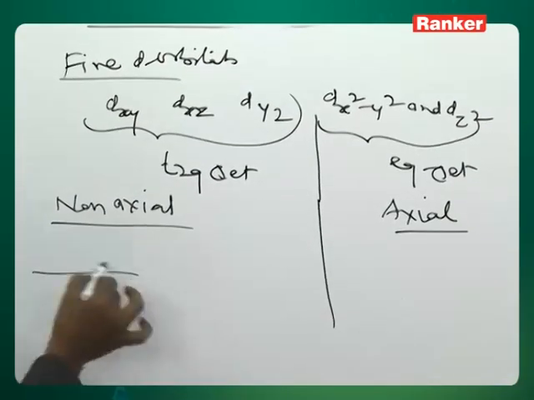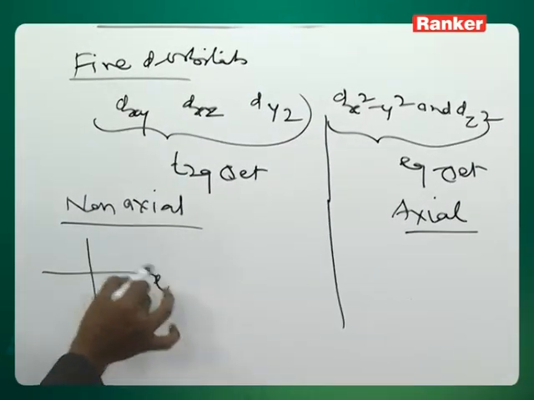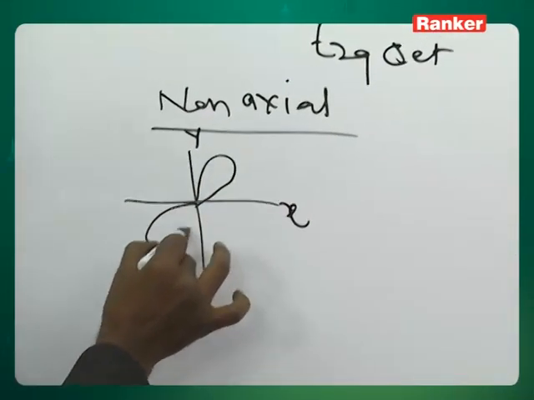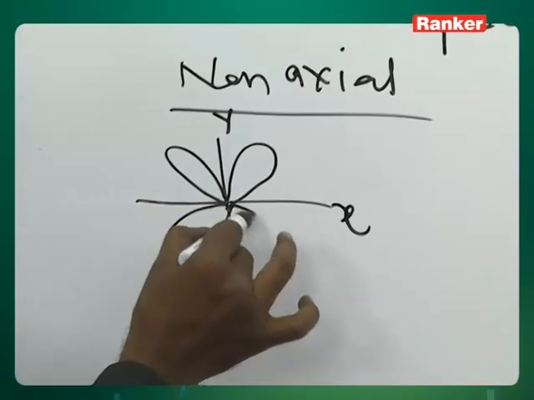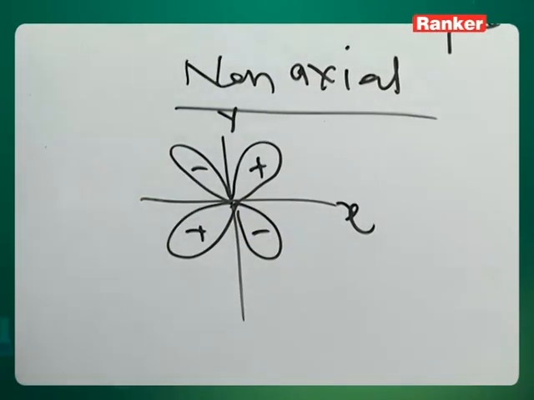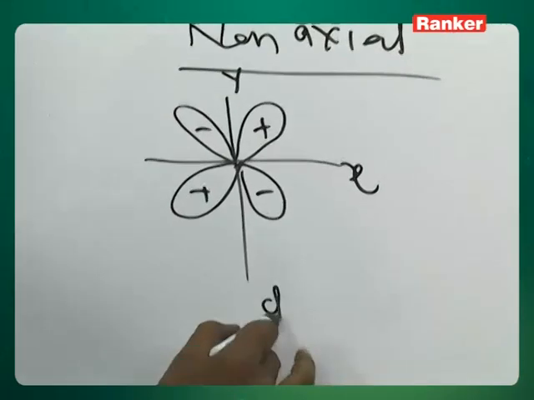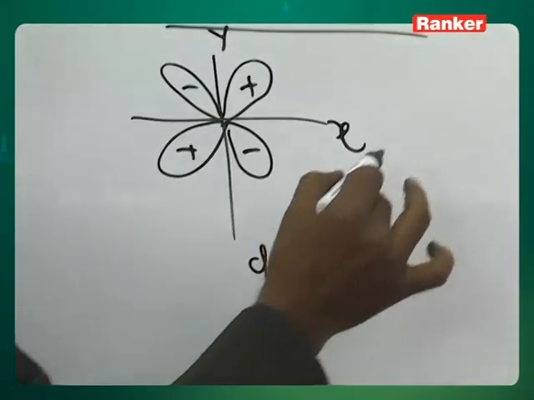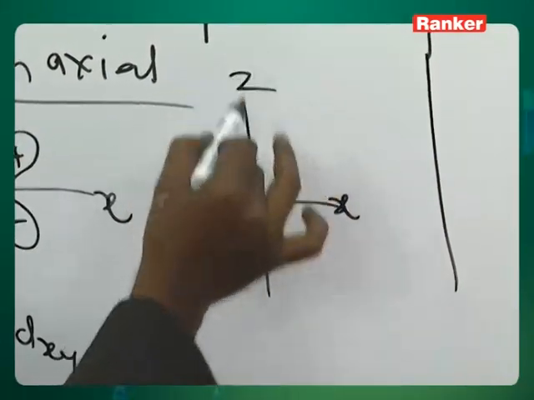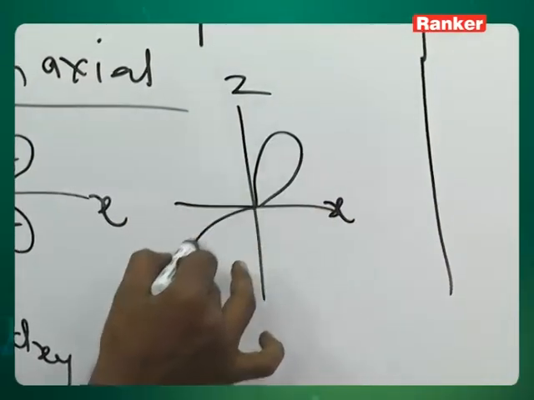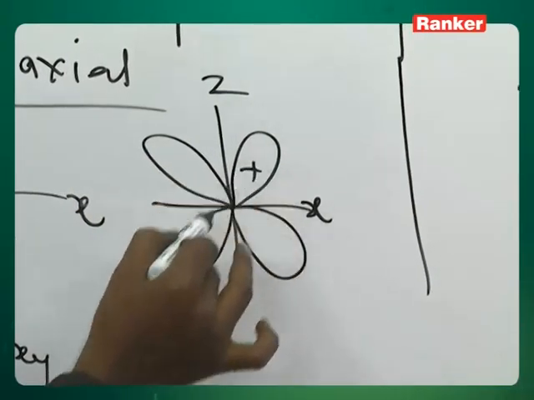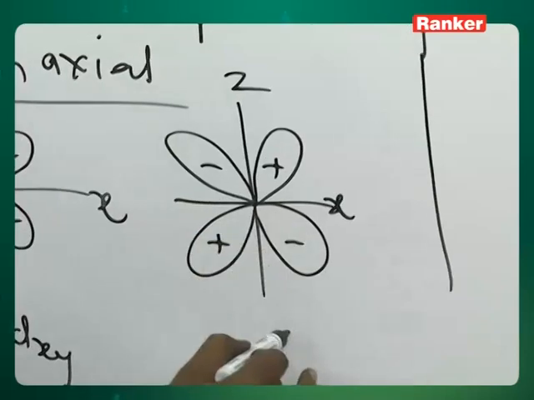Once you talk about dxy, this is oriented in between x and y, plus plus and minus minus. This is the dxy orbital. And dxz is oriented in between x and z, plus plus and again minus minus.